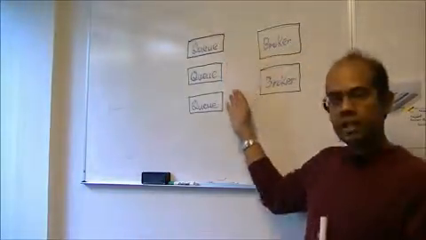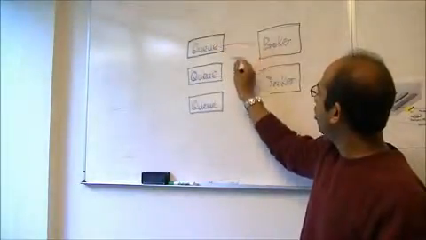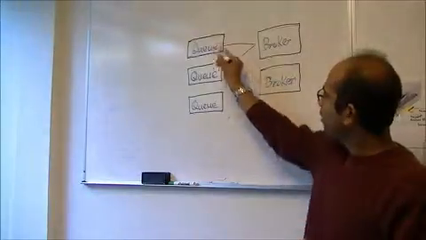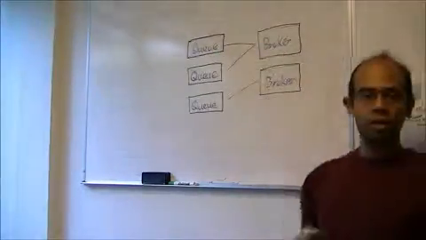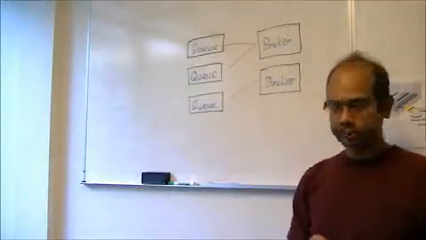Now, in this case, you have all of these different queues. They can be running on different instances of the broker, right? So you can say Q1 and Q2 are running on one broker node, and Q3 is running on another broker node.